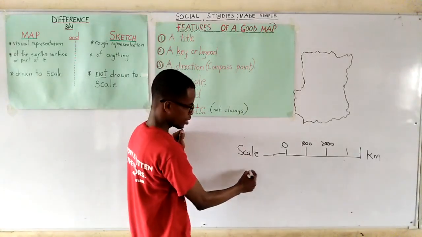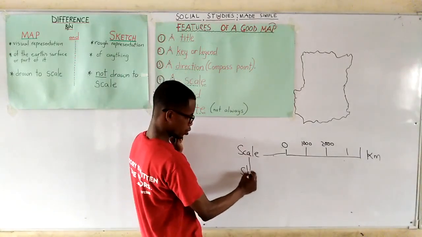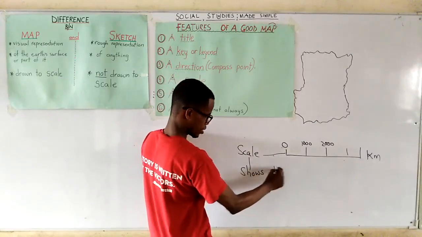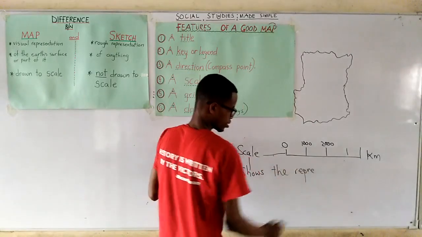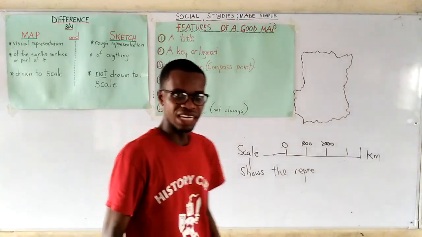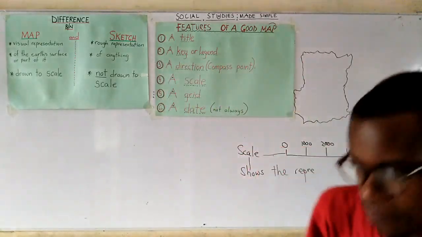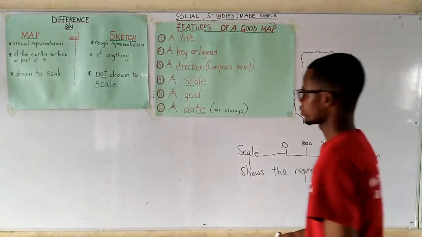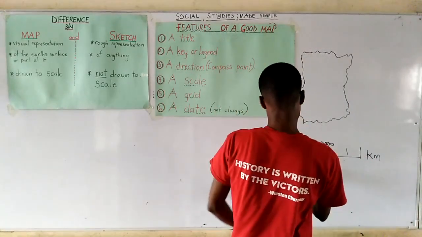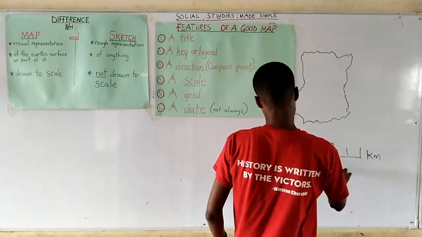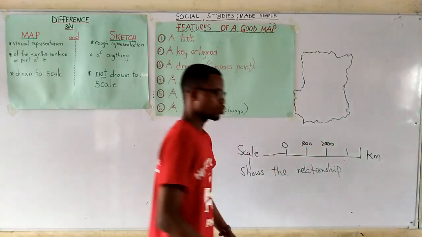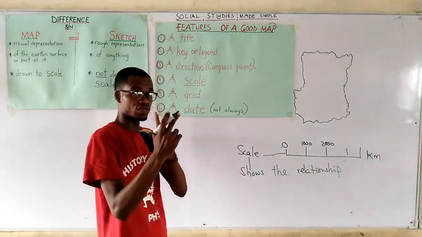So the scale shows the representation, or the scale shows the relationship between two things.